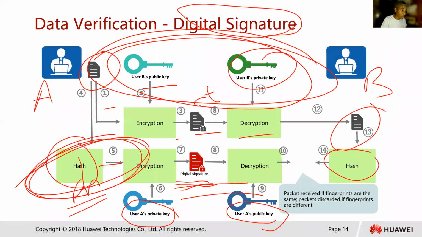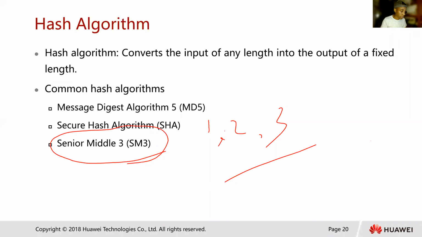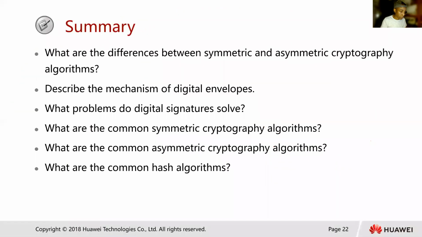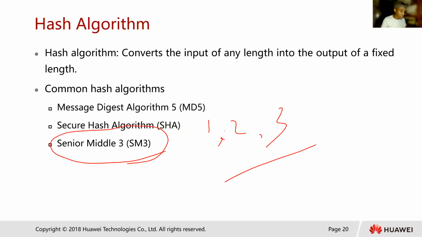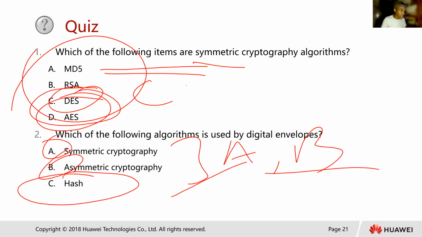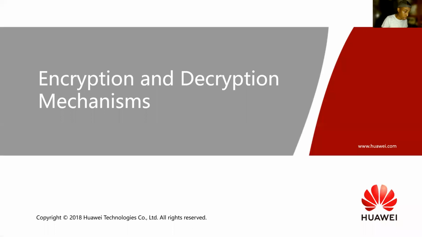So if you're being asked for digital signature, not digital envelope, that is where you can now say there is the use of the asymmetric and the hash algorithm. That is fine. So hash we already said is MD5, SHA, and SM3. Good. I think that counts it for that slide.